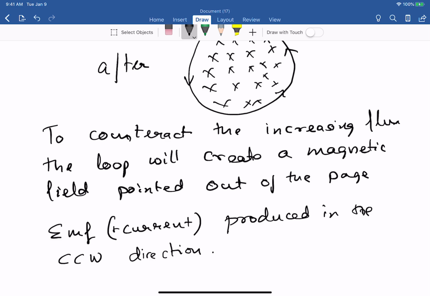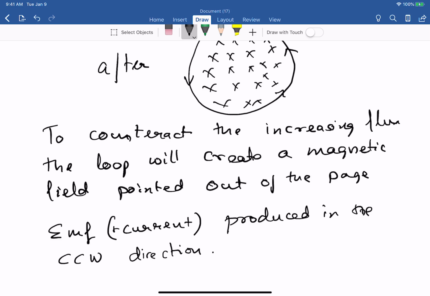Remember that the loop does not like any change, right? Any change of flux. So if it sees a flux decreasing, it will try to use its own magnetic field to help the dying flux. If it sees a flux increasing, it will try to use its own little magnetic field to try to cancel out that increasing flux. I mean, it doesn't succeed, of course, but it does what it can to cancel out the increasing flux.